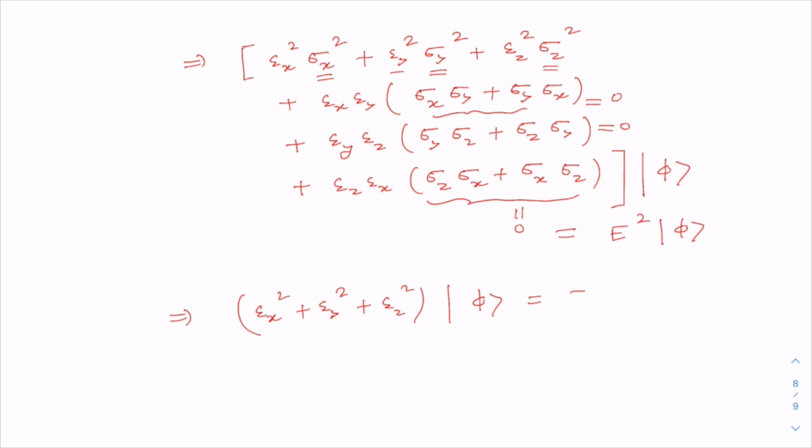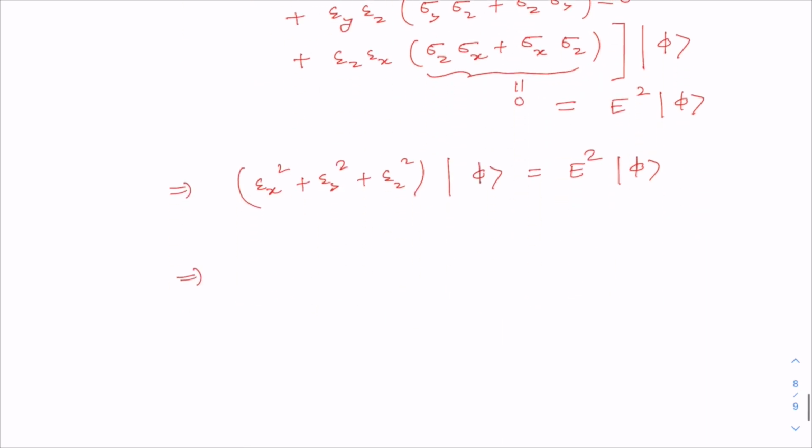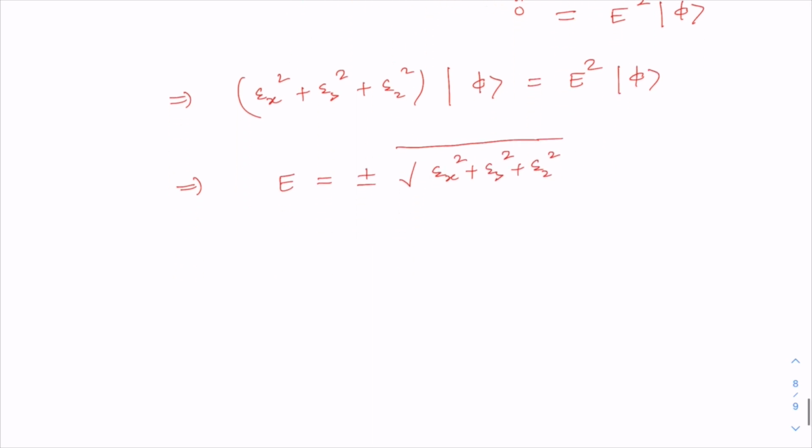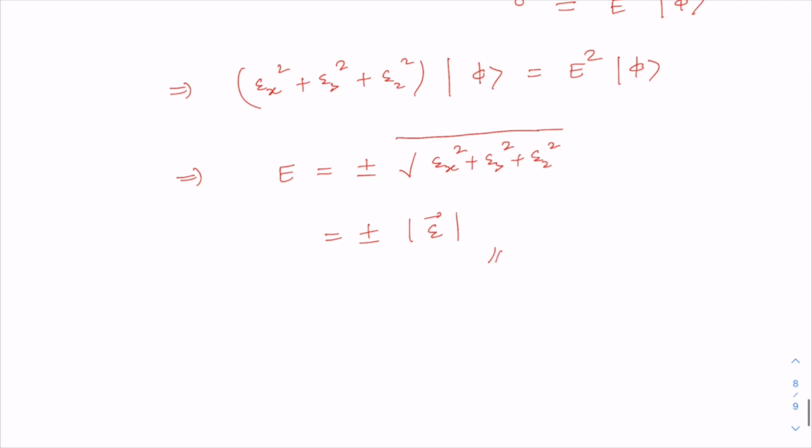That would be equal to E square ket phi. So you can see that E is equal to plus minus square root of epsilon x square plus epsilon y square plus epsilon z square, which I can write as plus minus modulus of the epsilon vector. So that's how we can prove it.